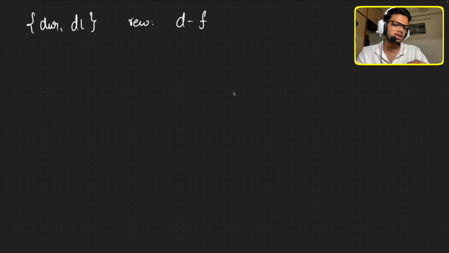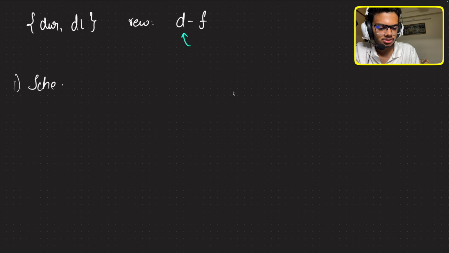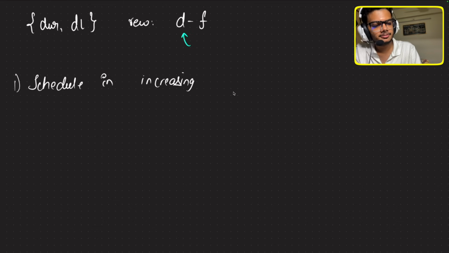Now let's try to sort these jobs in a way that makes the input more amenable or simpler to look at. If you see the reward, it directly depends upon deadline, right? So the first approach that can come to your mind is why not we schedule in increasing order of deadline, right?